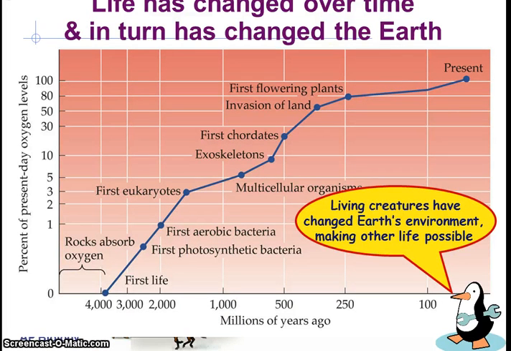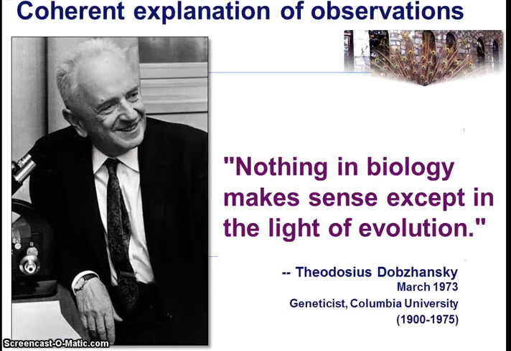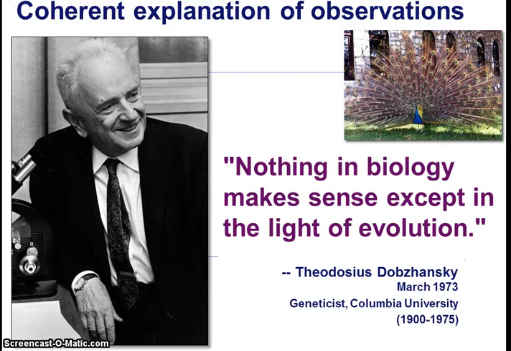You can see that as the environment changes, different organisms will come as well. And this is just a famous quote: nothing in biology makes sense except in the light of evolution. If we don't say that animals have variation or are changing, then the rest of biology doesn't really make sense.